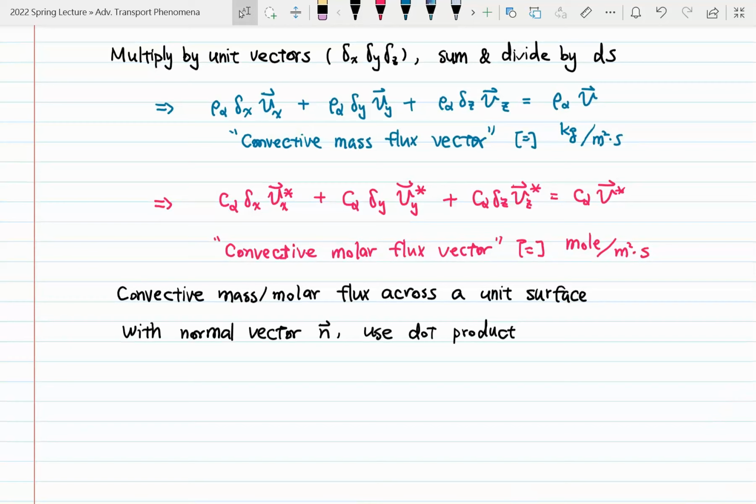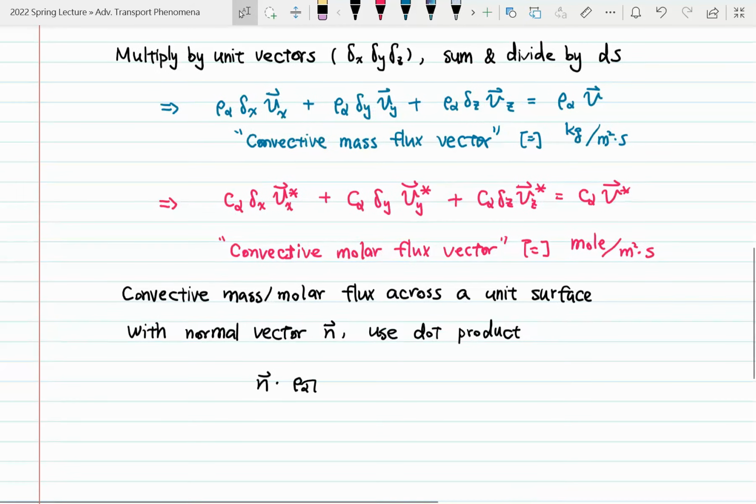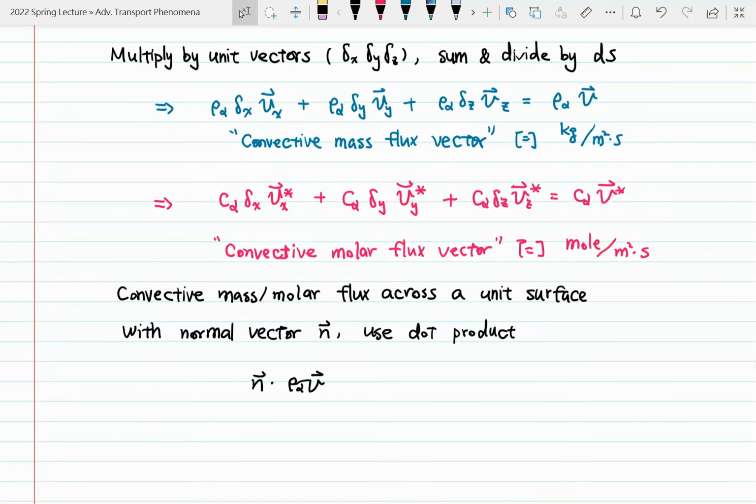So that would be basically n dot rho alpha times the average mass velocity, or n dot the concentration times the average molar velocity, let's say C alpha.